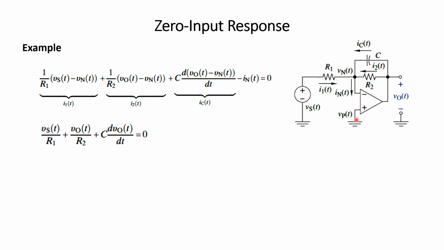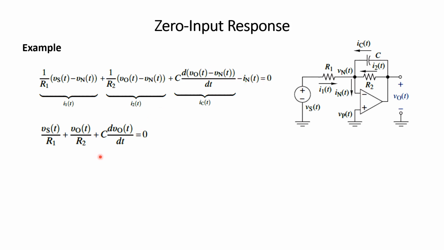So this is at ground level, and this is also at ground level, although it is not directly connected to ground, because the voltage is 0. Therefore, we call it a virtually grounded point or node, and Vn is 0.